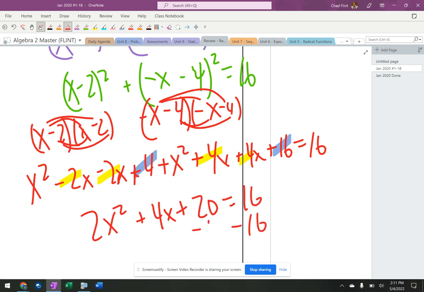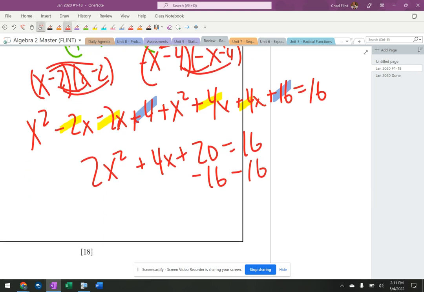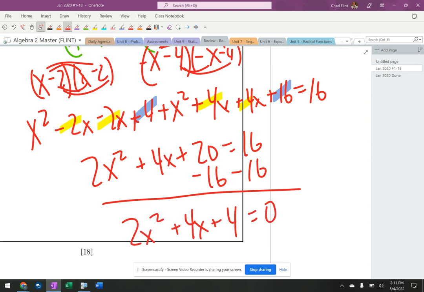Get it equal to 0 so I can solve it. So it's 2x squared plus 4x plus 4 equals 0.